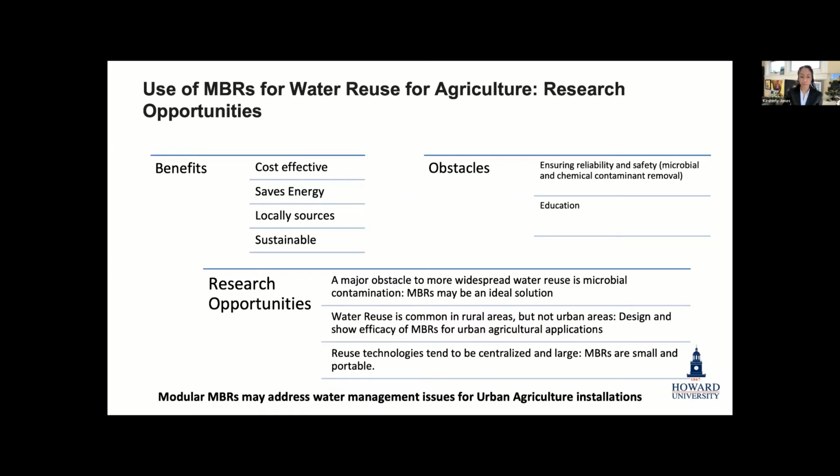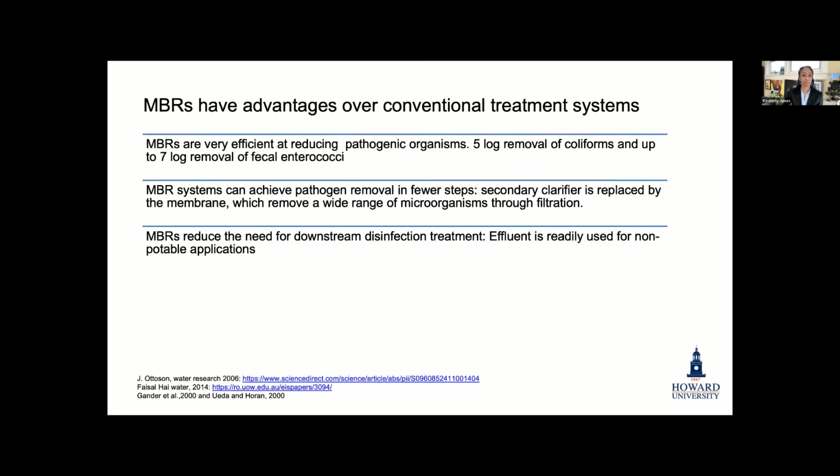We could implement these for a lot of other applications. So just to talk about some advantages of membrane bioreactors over conventional treatment: their increased efficiency at removing pathogens, particularly bacteria, where you get 5 to 7 log removal of many types of bacteria. Also, I mentioned the footprint. You often need fewer steps.